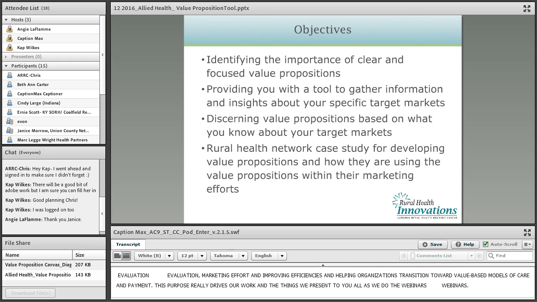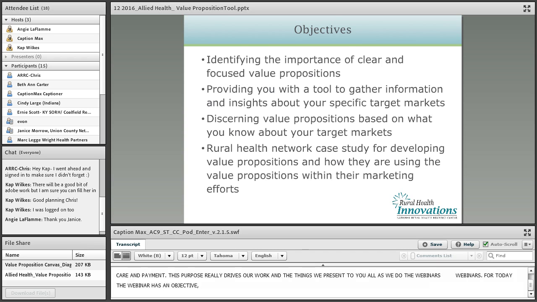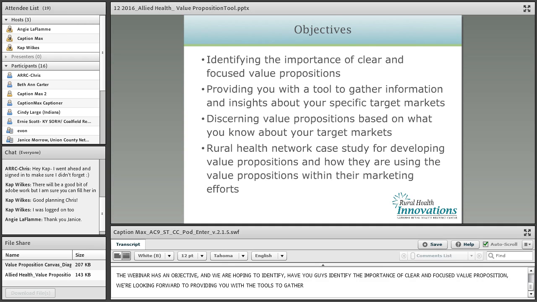For today, our webinar has some objectives, and we're hoping to have you identify the importance of clear and focused value propositions. We're looking forward to providing you with a tool to gather information and insights about your own specific target markets. We are hoping that you'll be able to discern value propositions based on what you know about your target markets.